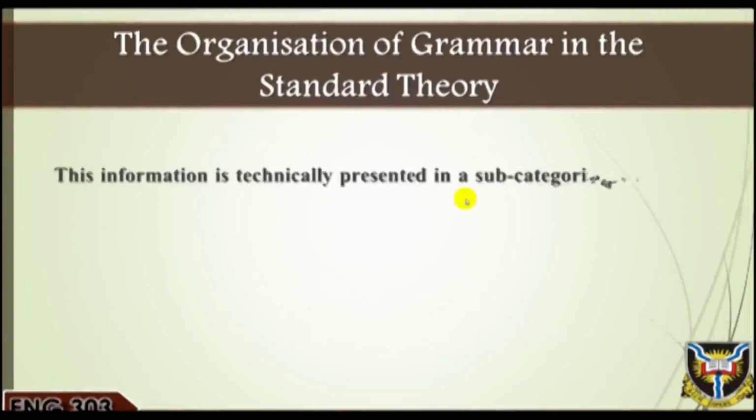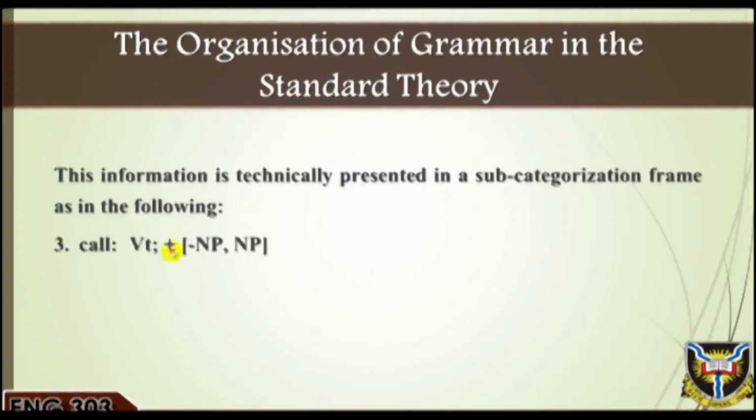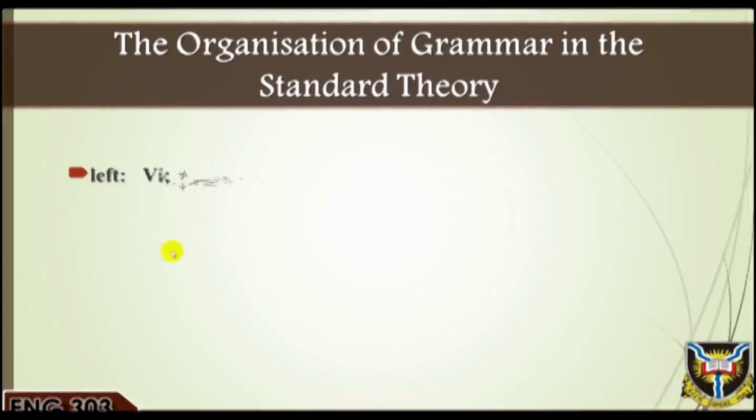The information is technically represented in a subcategorization frame as in the following. Call, VT plus [ __ NP, NP]. Left, VI plus [ __ ADVP]. Kick, VT plus [ __ NP].